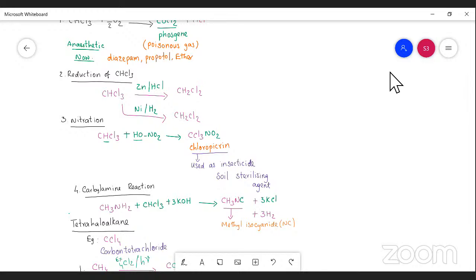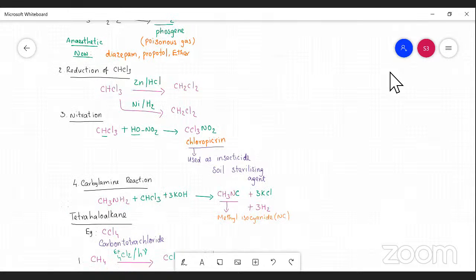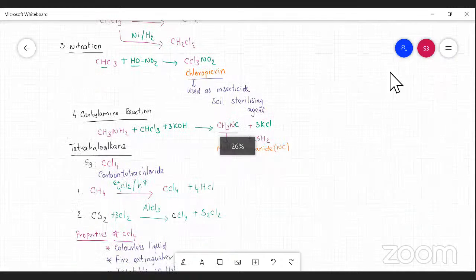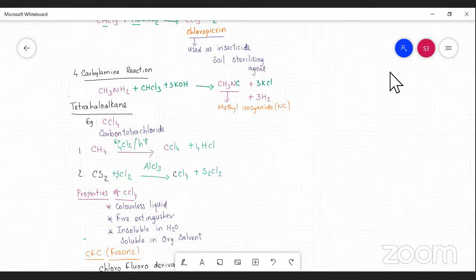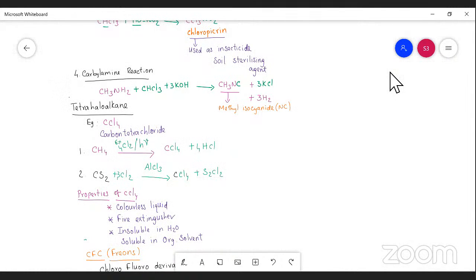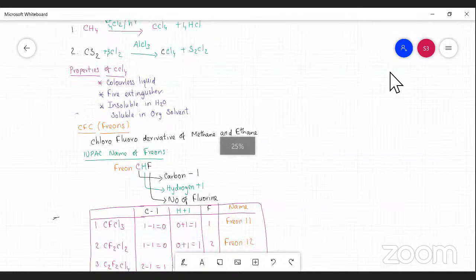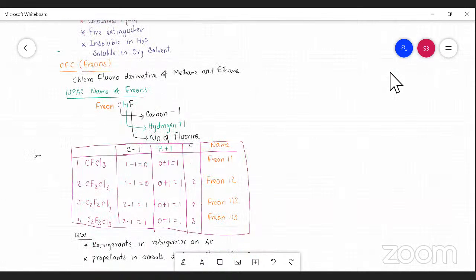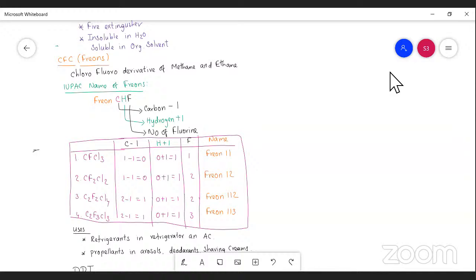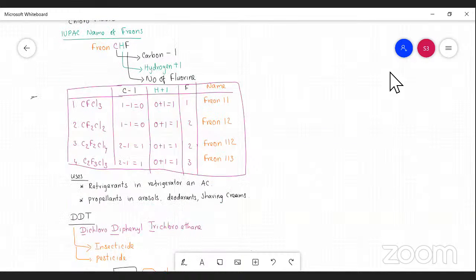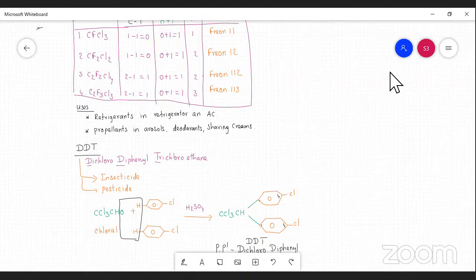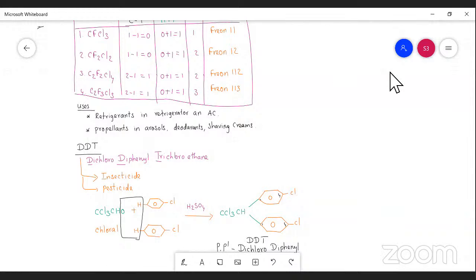And the carbylamine reaction, which is the test for primary amines. And carbon tetrachloride, the normal preparation method is from methane and carbon disulfide. And we are taking CFC, that is freon, its status and naming. Naming of freon, under that is DDT preparation. Okay.